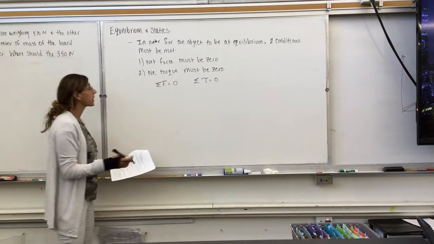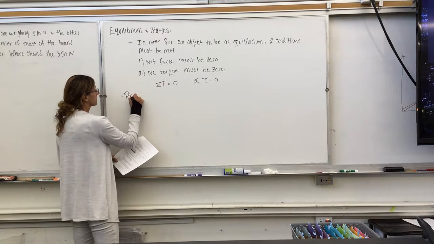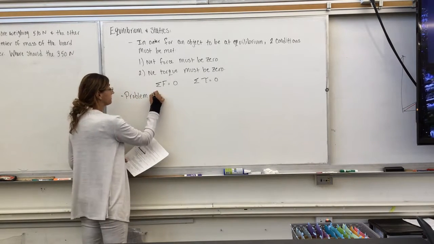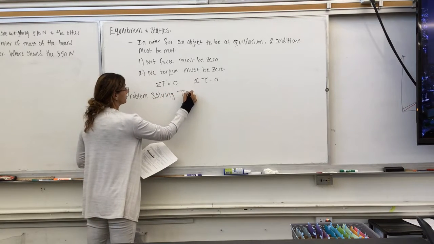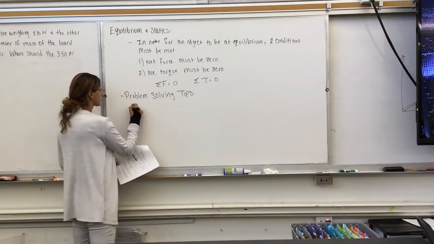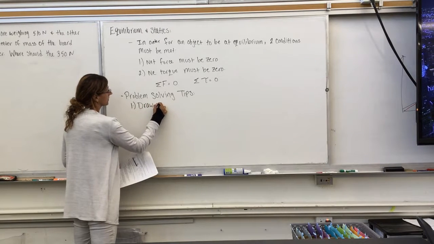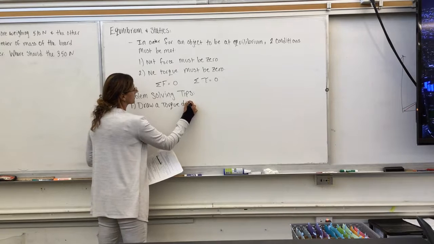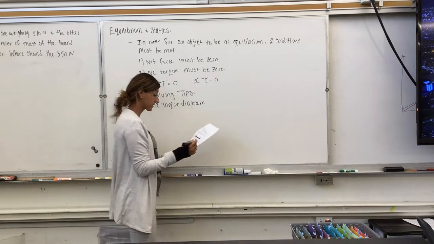Now, here's some problem-solving tips for you to use when working with torque equilibrium. The first thing you want to do is draw a torque diagram. And a torque diagram is a force diagram with a few added features.